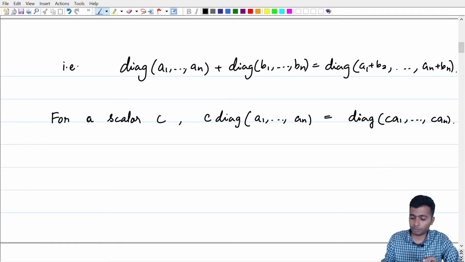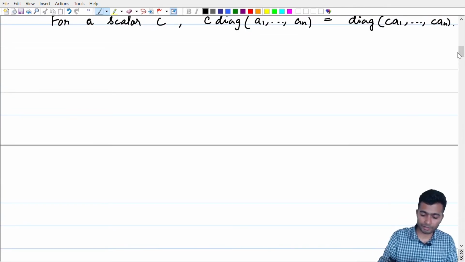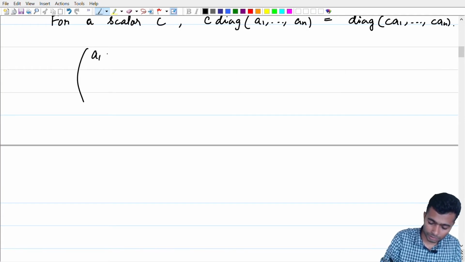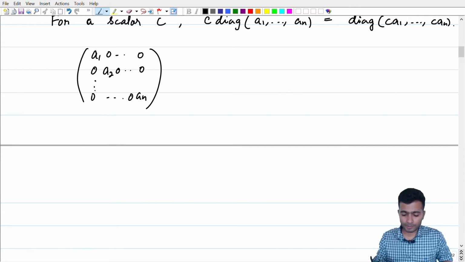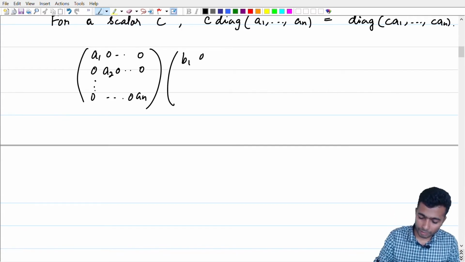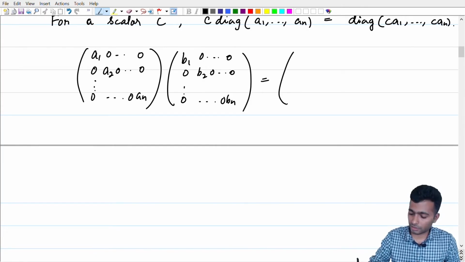In fact, not just these two operations. If you take two diagonal matrices and multiply them, that also is particularly well behaved in the expressions that we have developed. For example, if you look at a diagonal matrix when multiplied to another diagonal matrix, I will leave it to you to check that this is going to be just the component wise product.